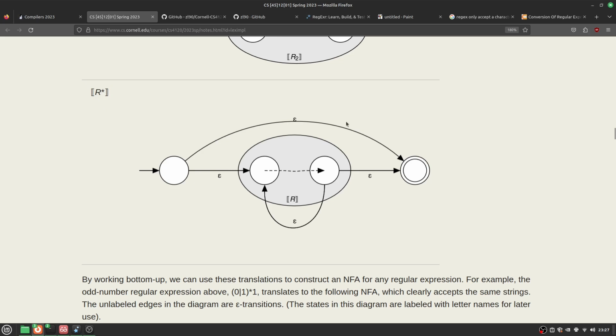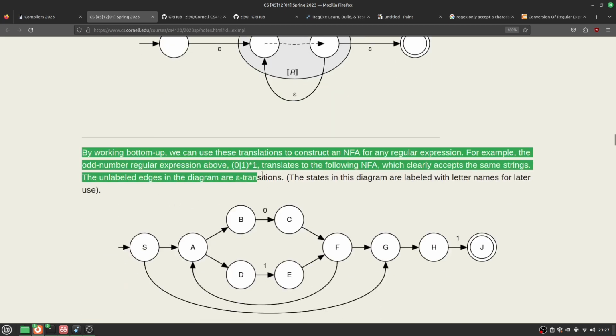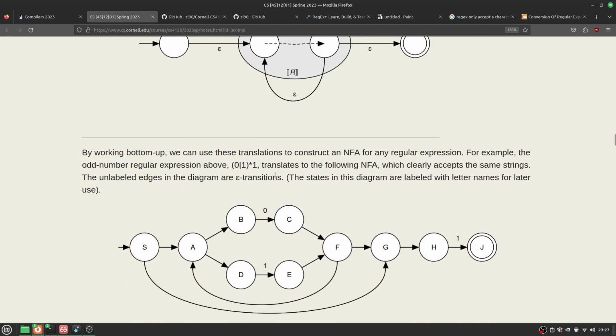From the empty string, we can finish. So it can either be the empty string or it can be the beginning of R to the end of R, and we can do it again. We can concatenate it with R as many times as we want, and we can finally end with the empty string. By working bottom up, we can use these translations to construct an NFA for any regular expression.